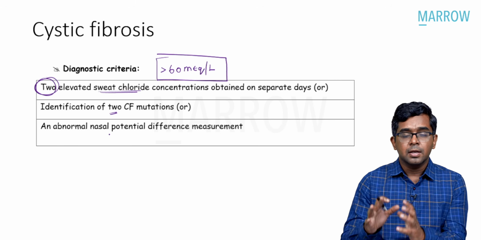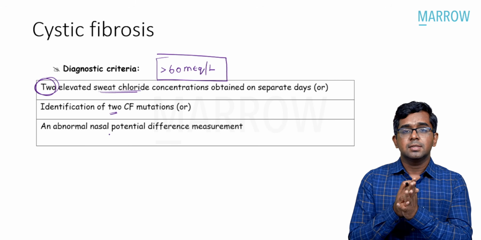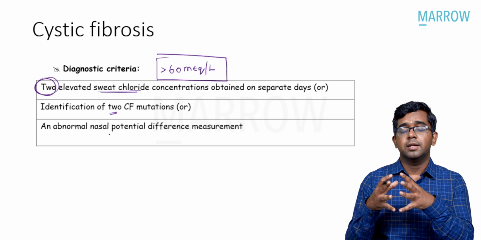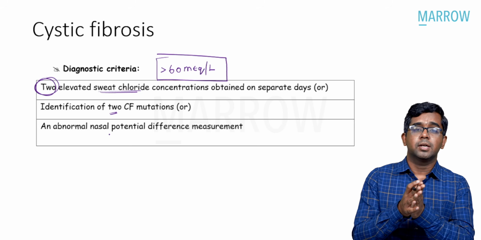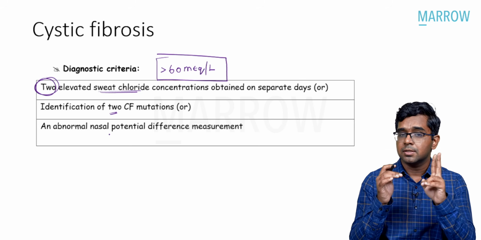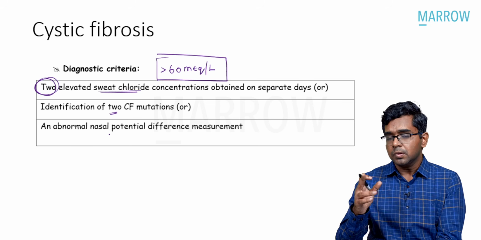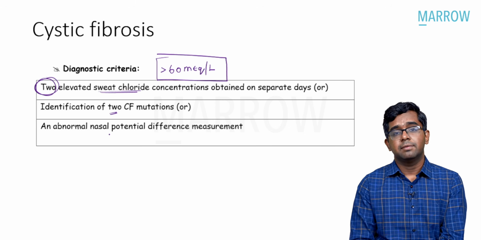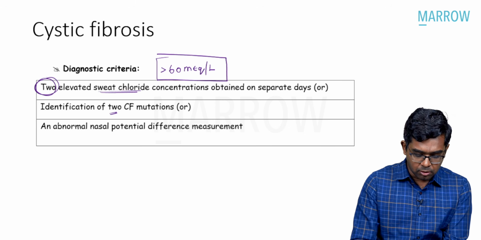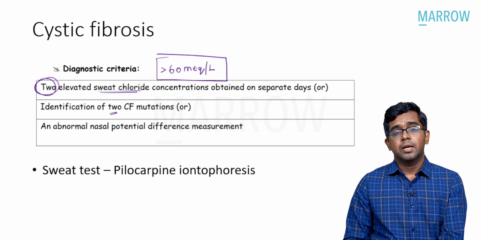So, we have 3 important investigations to make a diagnosis of cystic fibrosis. Any one is sufficient, but remember, if you want to make a diagnosis based on sweat chloride, it should be at least 2 elevated values. Okay. And finally, how are sweat chloride levels estimated? It is by a method called pilocarpine iontophoresis.